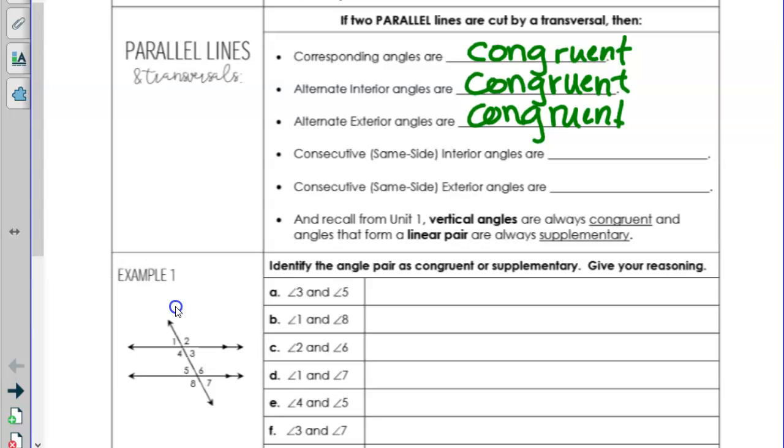Consecutive same-side interior angles. What do you suppose is true about those? 4 and 5. Are they congruent or supplementary? They're supplementary. Good. Can you guys tell that we have an acute and obtuse? So clearly they can't be equal, and the only other option is supplementary when we have this figure.